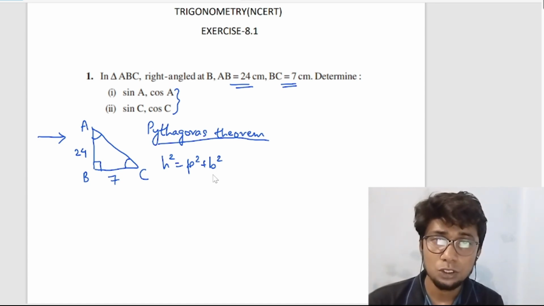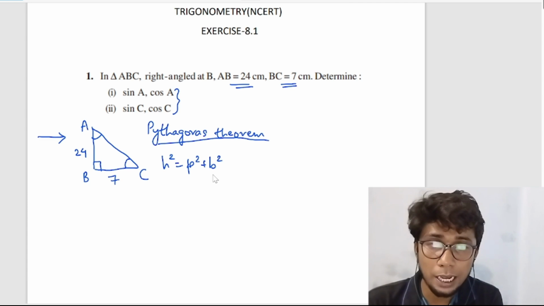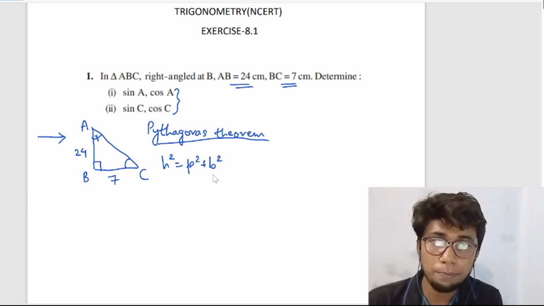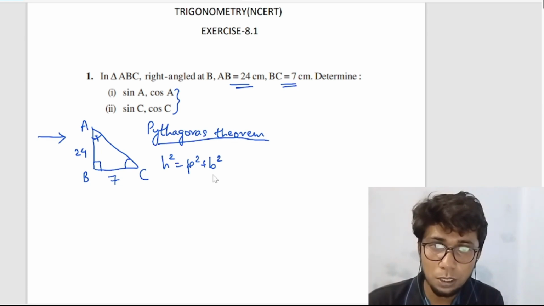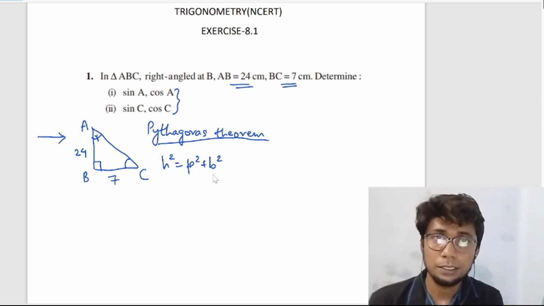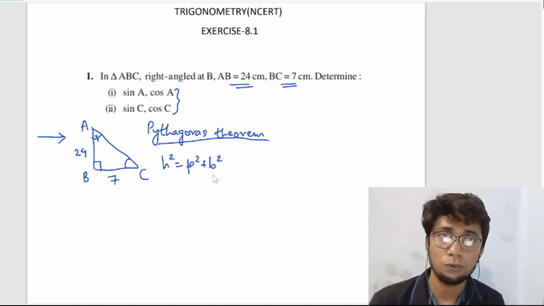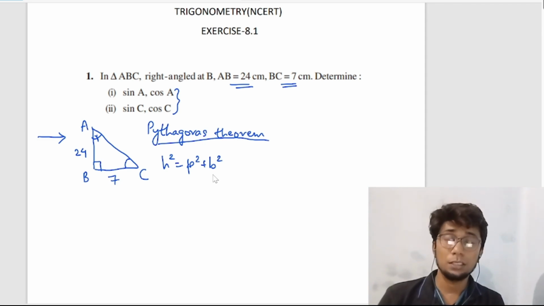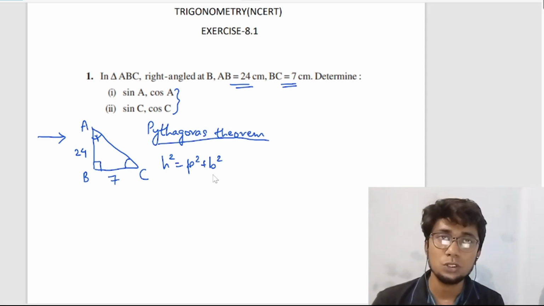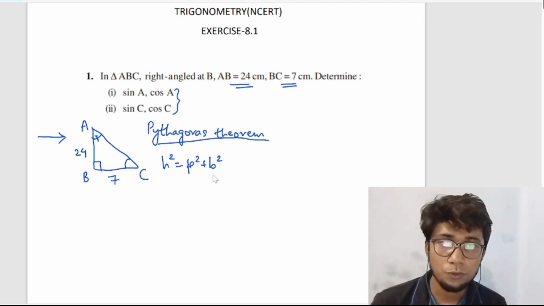Very nice. So if we consider angle A, what is the base that we are going to have? This 24, this AB, that is going to be our base, and this BC will be perpendicular. All right, and this AC will be hypotenuse, of course, because the side that is opposite to the right angle is always the hypotenuse. Fine.